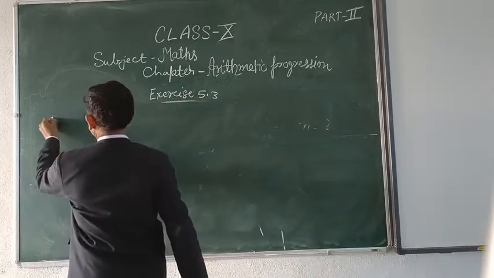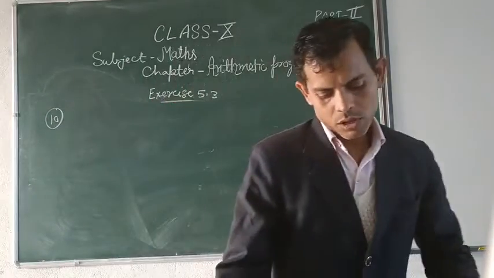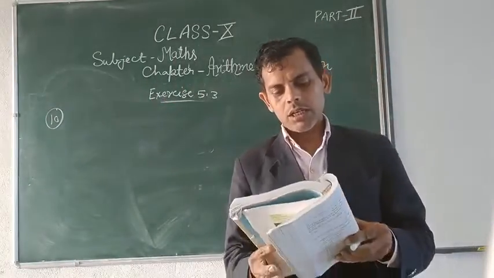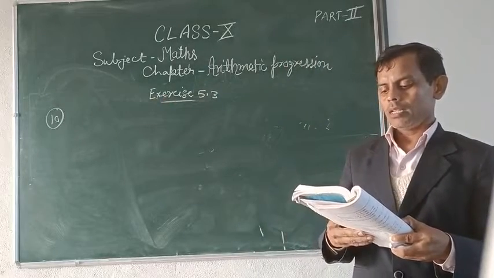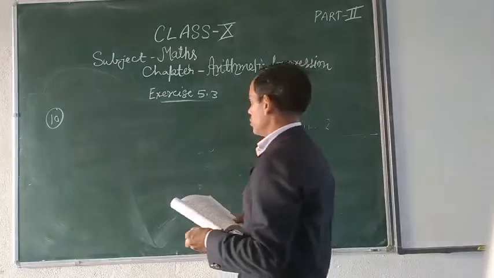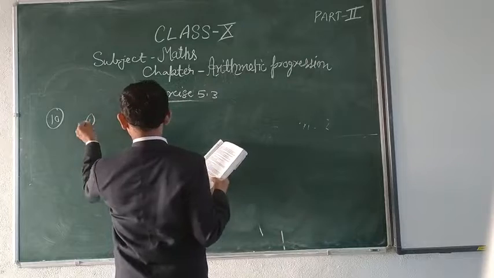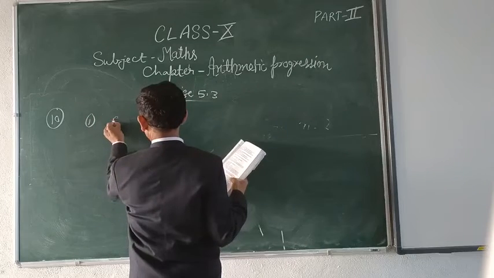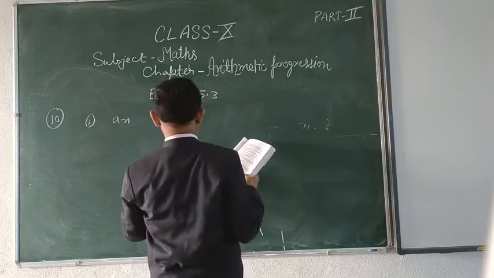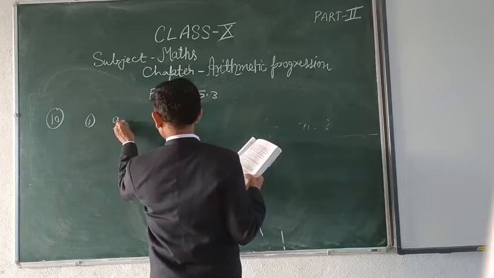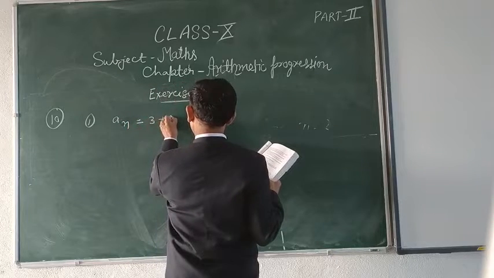Question number 10. So that a1, a2, an form an AP where an is defined as below. I am taking the first part: an equals 3 plus 4n.